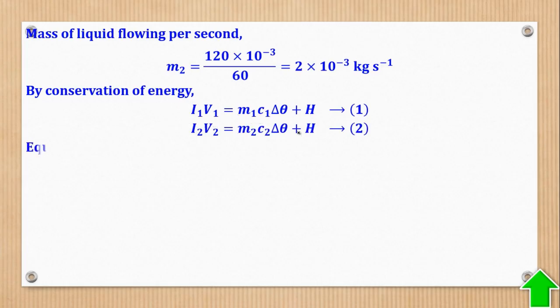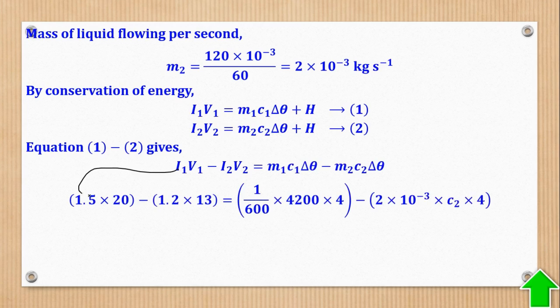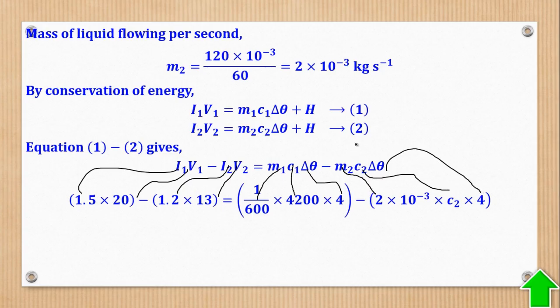Now next is to solve them simultaneously. When I subtract, I'll come up with that. Then I substitute I1V1, I2V2, M1C1. C1 is the specific heat capacity of water, a constant, and change in temperature. Then M2C2 change in temperature.